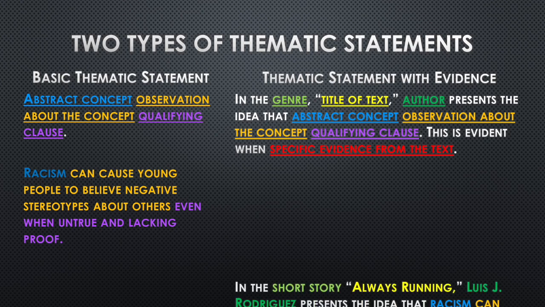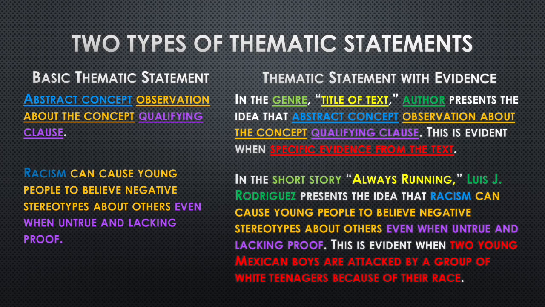But if you look at the example, it states, in the short story Always Running, Luis J. Rodriguez presents the idea that racism can cause young people to believe negative stereotypes about others, even when untrue and lacking proof. This is evident when two young Mexican boys are attacked by a group of white teenagers because of their race.